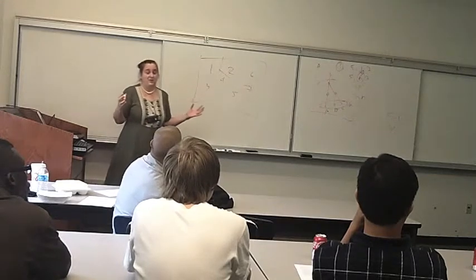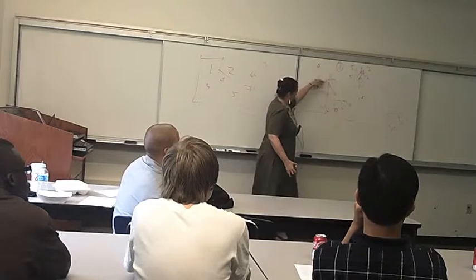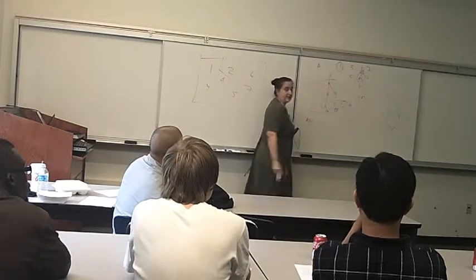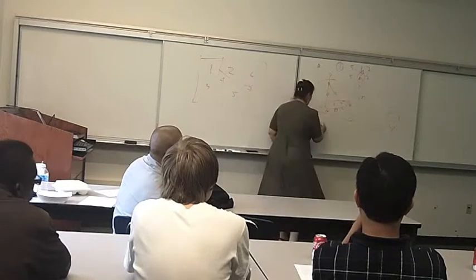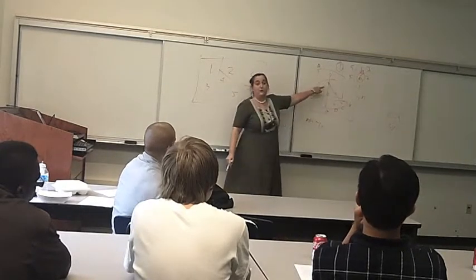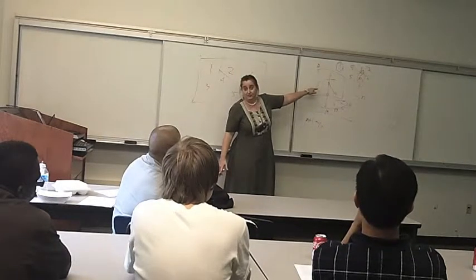Where does that n minus k plus 1 come from? Well, n plus 1 is the total number of vertices. I have to take off k. So what I'm left with is the number of all vertices that are not leaves, that are not labeled.